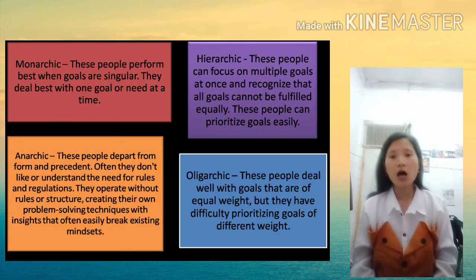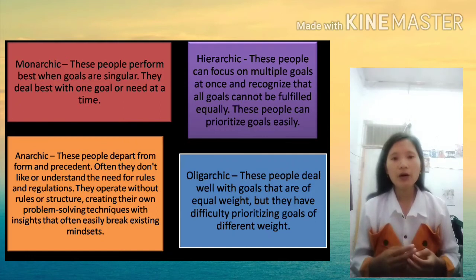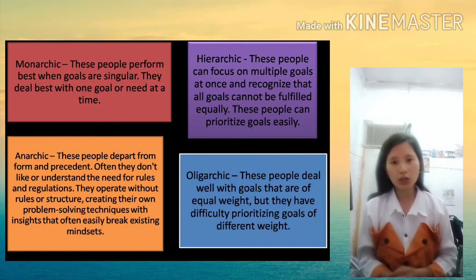Next, forms of mental self-government include monarchic, hierarchic, oligarchic, and anarchic. Monarchic: these people perform best when goals are singular. They deal best with one goal or need at a time.